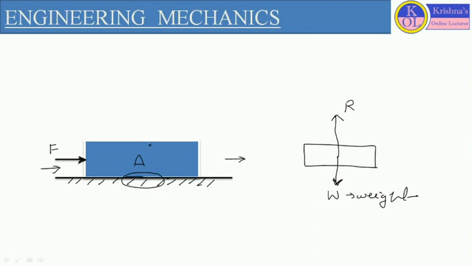Because we want this body in equilibrium condition. So if we are applying weight in vertically downward direction, and if we want this body in stable or equilibrium condition, this reaction should be applicable in vertically upward direction, and this weight should be equal to reaction. In that condition only, this body will be in equilibrium condition. So this is representing the condition of equilibrium.